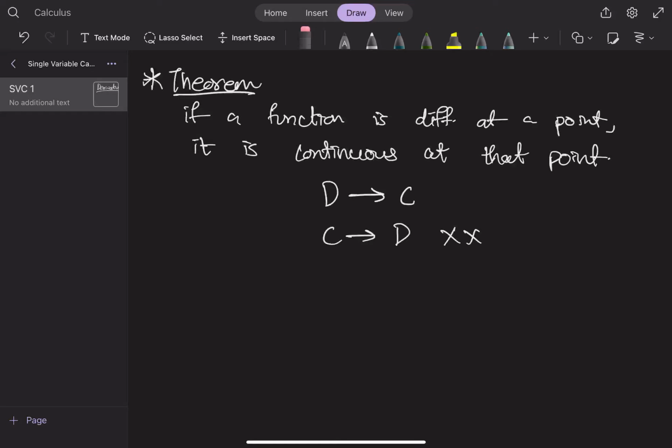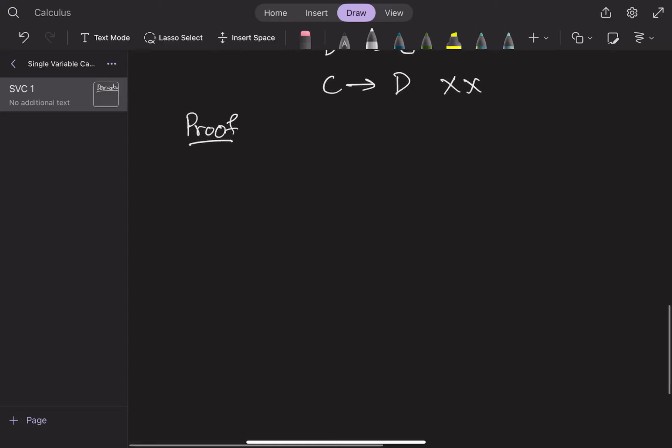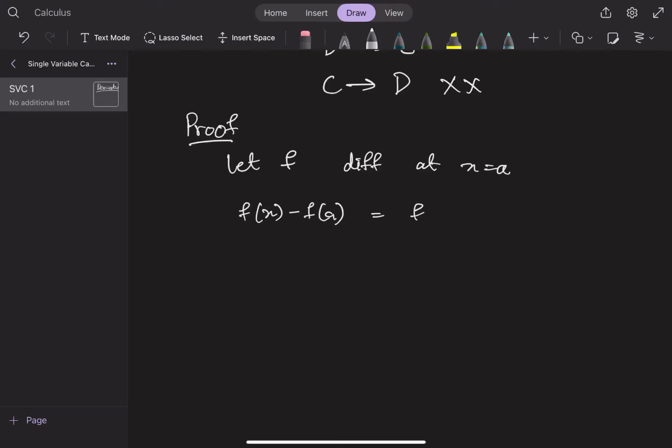So let's look at the proof for this. This won't be asked in the exam, so you can skip it, but I'll just show you the proof. So let f be a function which is differentiable at x is equal to a. So I can write f(x) minus f of a as f(x) minus f of a divided by x minus a multiplied by x minus a.